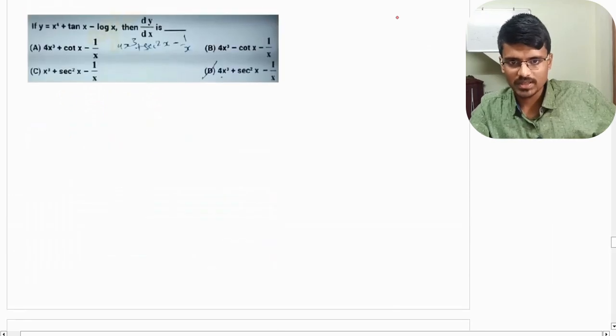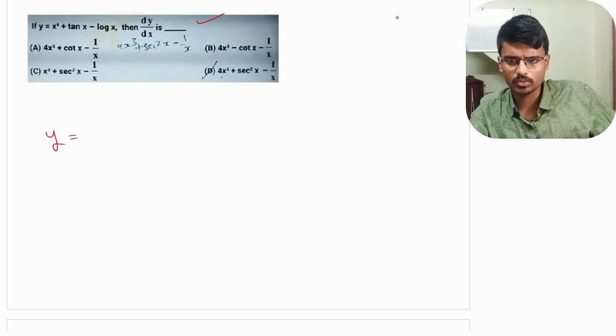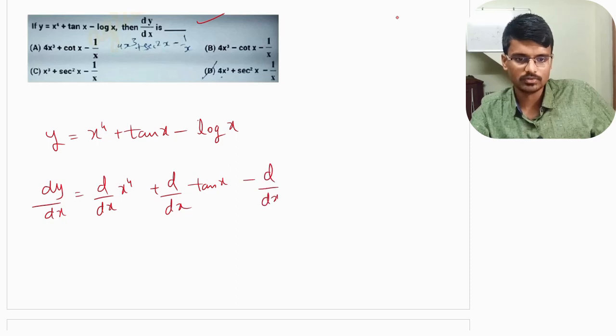So this was a previous year asked question. This was asked in 2022. So directly I'll just apply the formula, right? x power 4 tan x minus log x. I just need to apply the formula. dy by dx, d by dx of x power 4, d by dx of tan x, minus d by dx of log x.